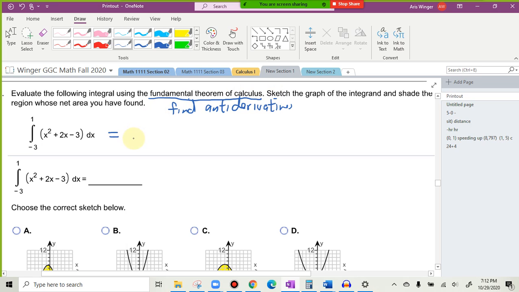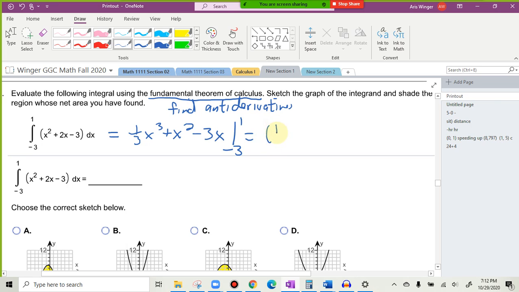The antiderivative of x squared is 1/3 x to the third. The antiderivative of 2x is x squared, and the antiderivative of -3 is -3x. We'll plug in 1 and -3 and subtract.